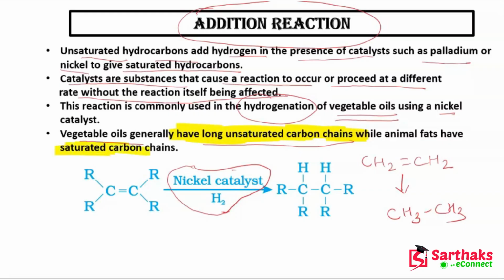I hope this point is clear to you. What is an addition reaction? You can see hydrogen is added to this unsaturated compound, an unsaturated hydrocarbon. Now let's move on to the next slide and talk about the other important points.